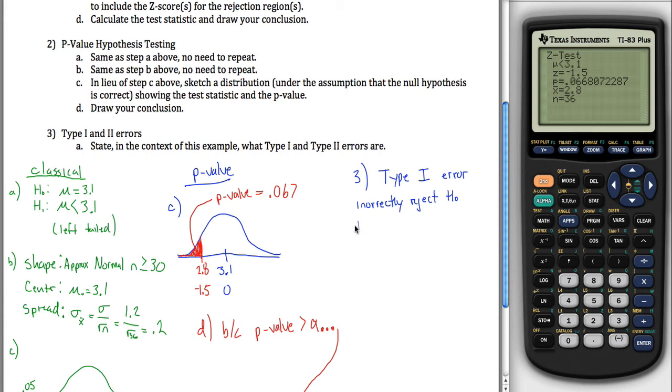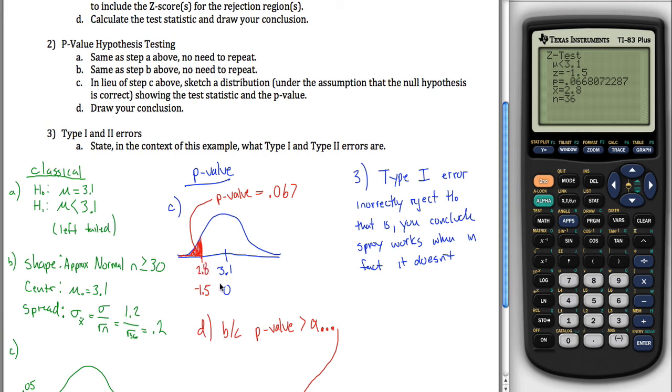So that is, you conclude the spray works when in fact it does not. The probability of this happening is exactly alpha.